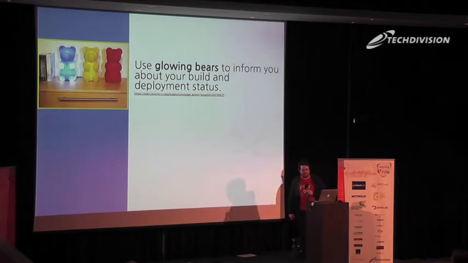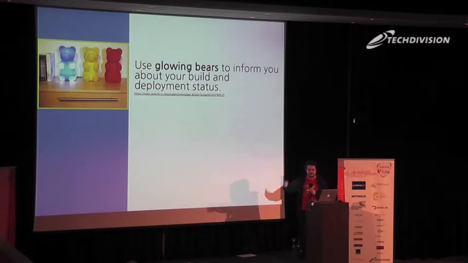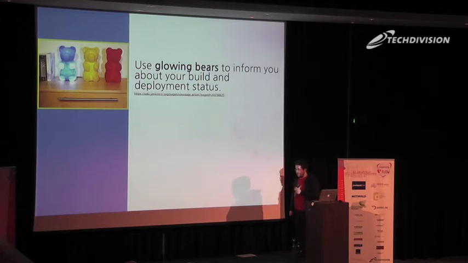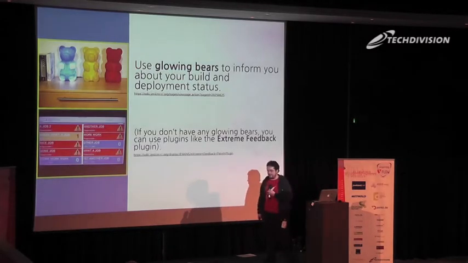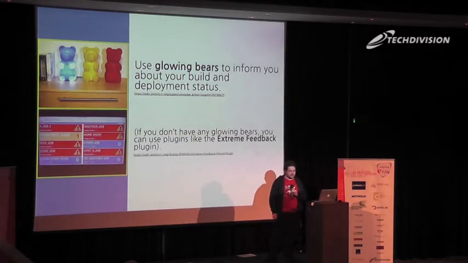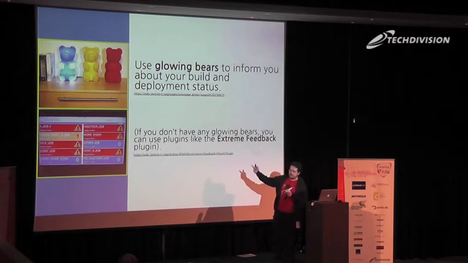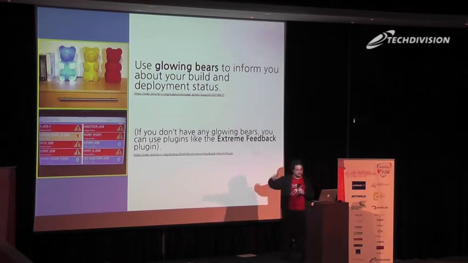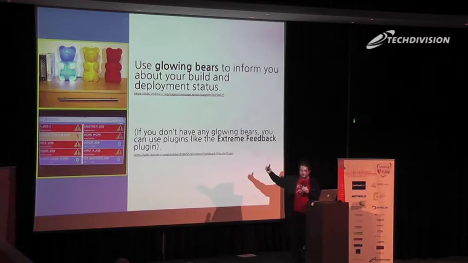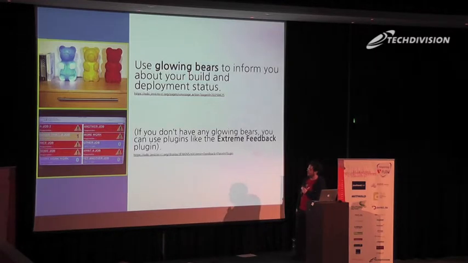This is a gimmick, of course. You don't really need it, but it's better than emails that end up in your spam mailbox. Of course, if you don't have any glowing bears, I've heard they're hard to come by. You can also use one of the Jenkins monitoring plugins. Just throw this view on a monitor in your office, and then you also have very direct feedback if something goes wrong.